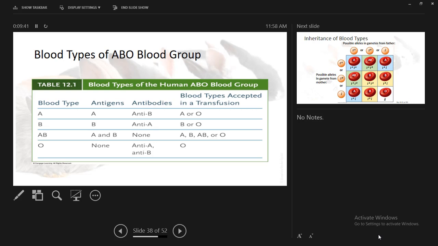Well, if p is 0.1, what is p squared? 0.01. So only 1% of your population is going to be homozygous dominant.